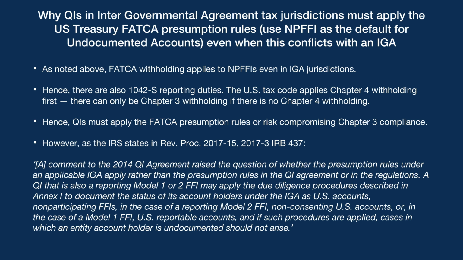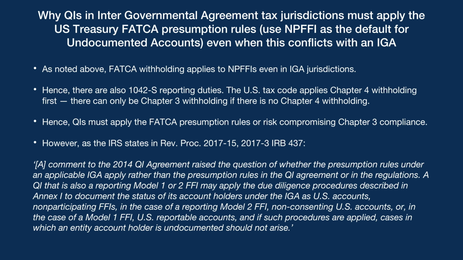However, as the IRS states in Rev. Proc. 2017-15, 2017-3 IRB 437, a comment to the 2014 QI agreement raised the question of whether the presumption rules under an applicable IGA apply rather than the presumption rules in a QI agreement or in the regulations.